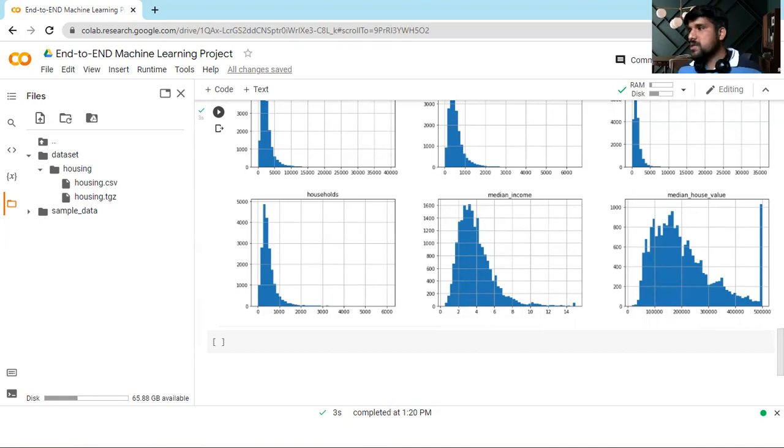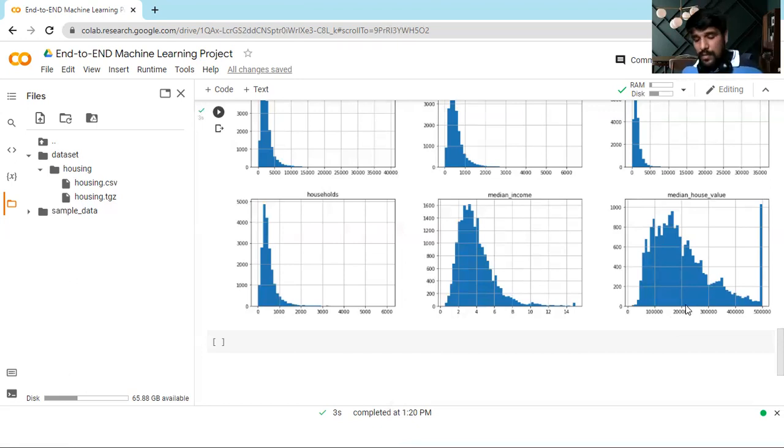Again, one more important thing, guys: the data has a maximum value of only 50,000. So we need to consult with the client: is it really the case that our housing price is only up to 50,000, or can it be more? We must ask this question. If it is not, then we also have to handle this case.